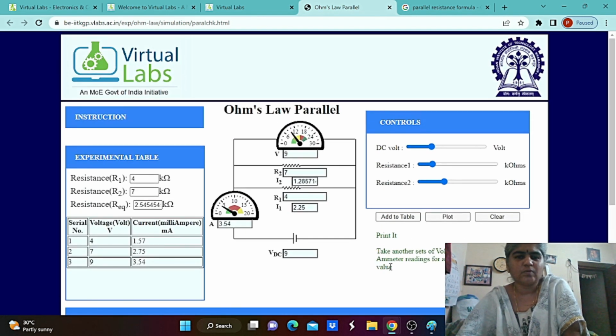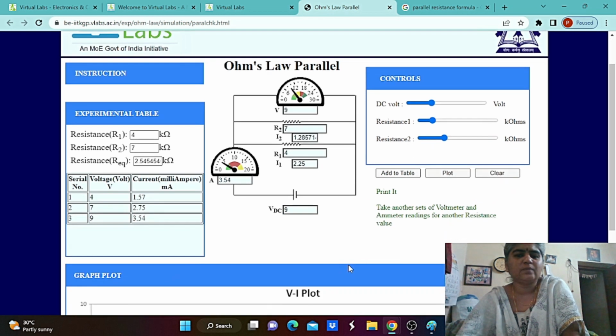So this is Ohm's law. Whenever a number of resistors are connected in parallel, this is the relation between voltage and current. The same linear curve can be obtained when a single resistor is connected between the voltmeter and ammeter, or multiple resistors are connected in series or in parallel.